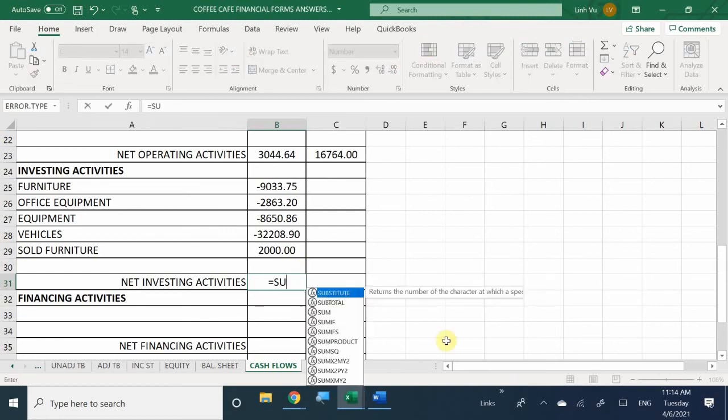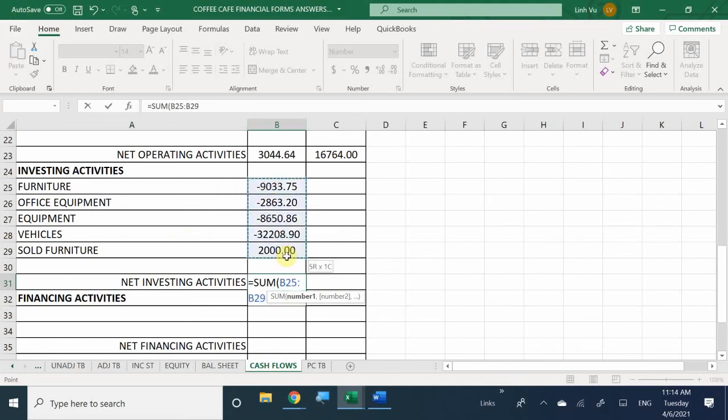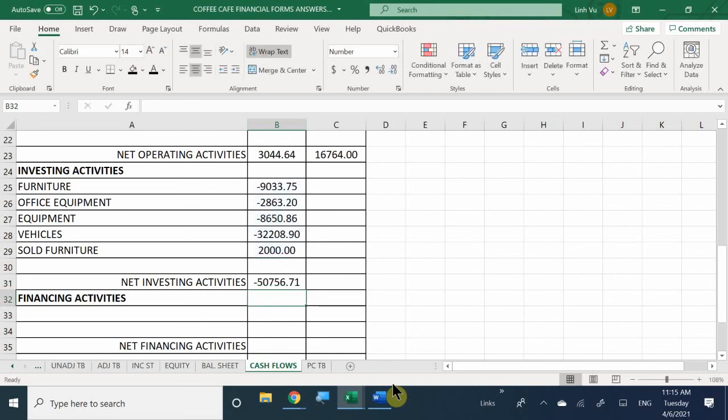Equal sum. Okay, and what is my total investing activities? Negative 57,571. Good, excellent.